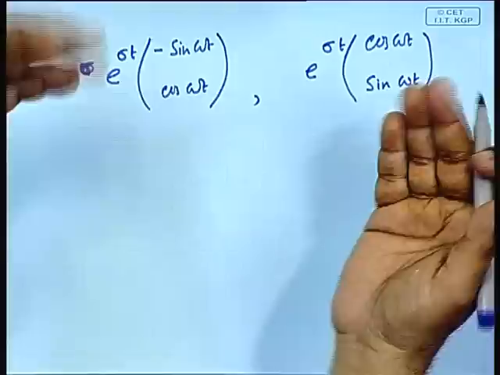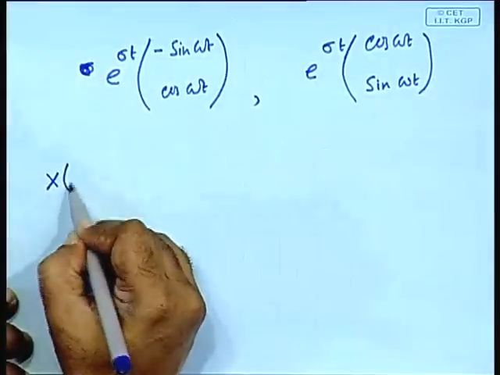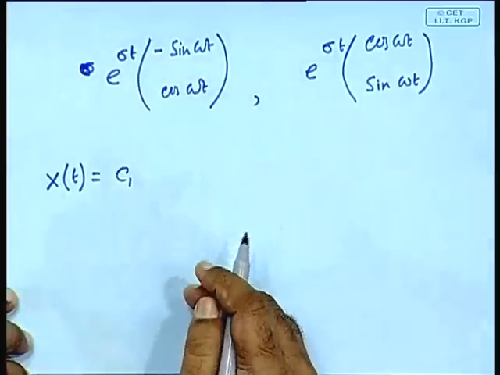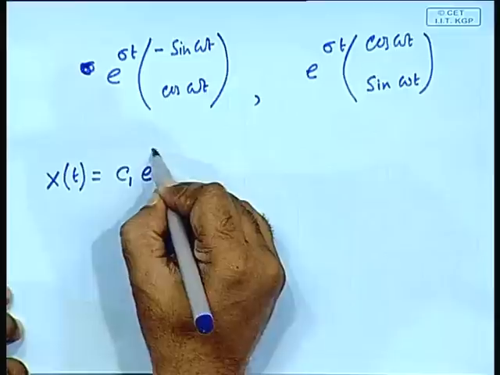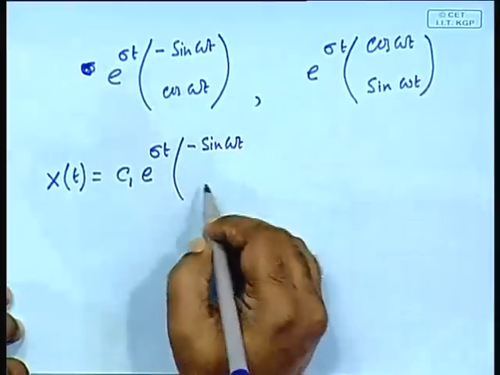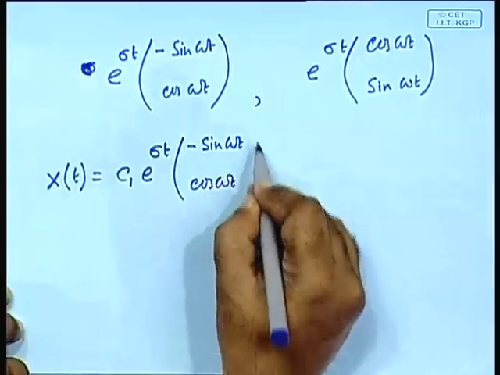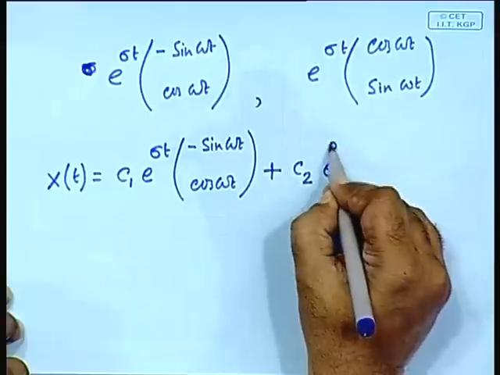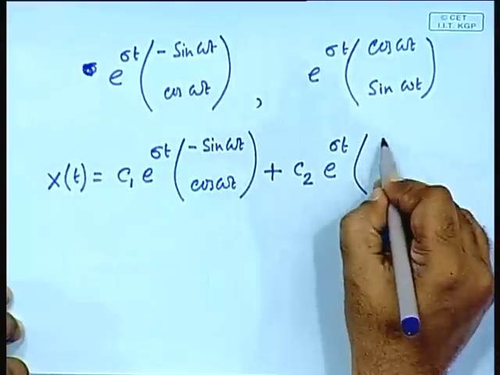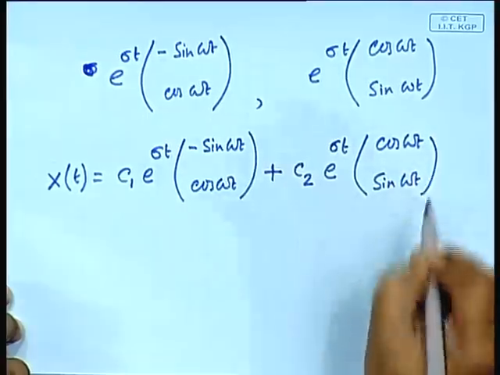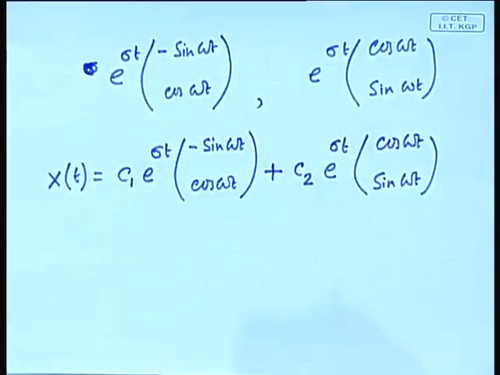If these two are solutions, then the general solution x t will be C 1 this plus C 2 that: C 1 e to the power sigma t minus sin omega t, cos omega t, plus C 2 e to the power sigma t cos omega t, sin omega t. Okay. So, that is the solution.